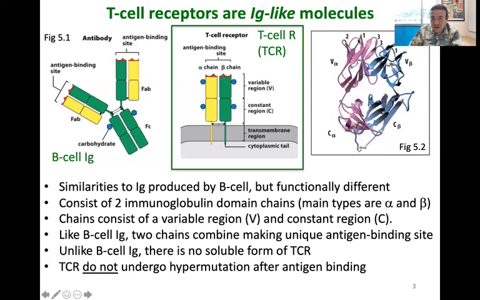And then up here, you can see it's the contribution of these three loops from each chain that makes the unique three-dimensional surface on top that some molecule will hopefully interact with. And the T cell that carries this receptor will then recognize the presence of that molecule.